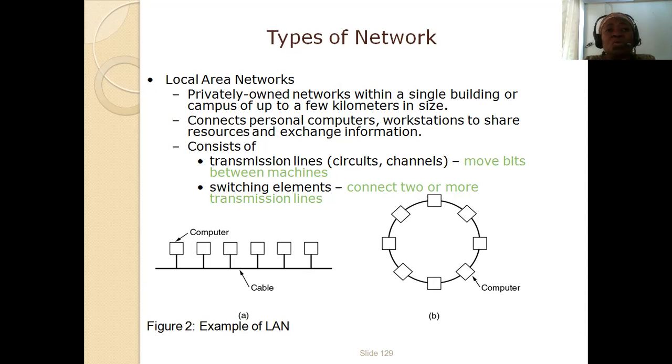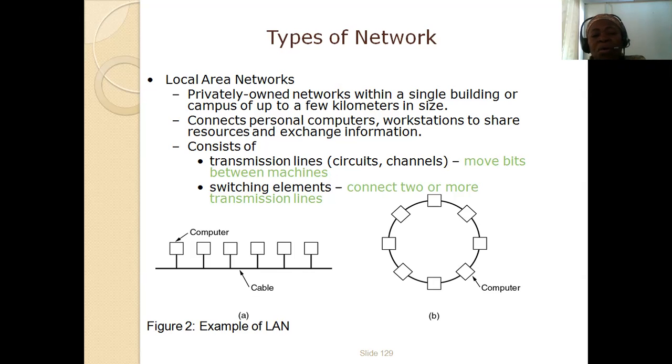The purpose is always to share something, either a resource, a file, or a device. Computers can be connected to share a printer, and that saves the company or institution money. Instead of buying a printer for every office, you can have one printer shared by the computers that are connected together.